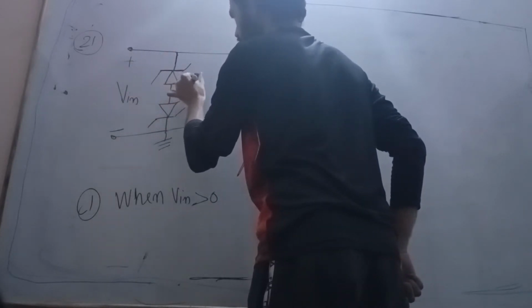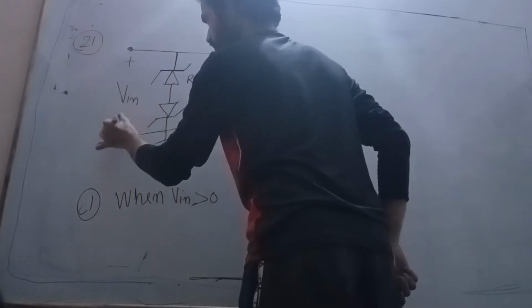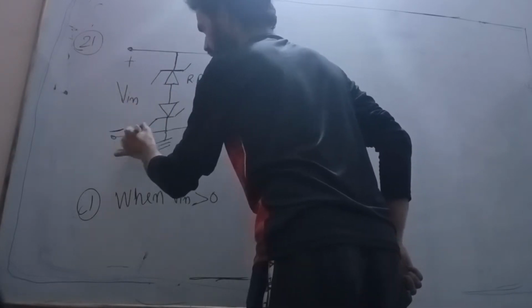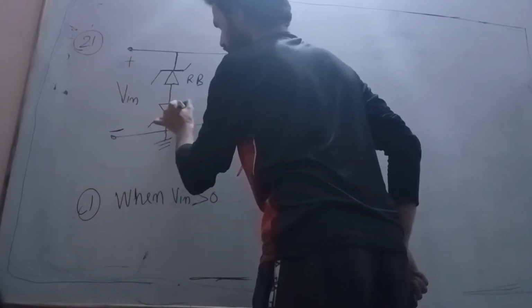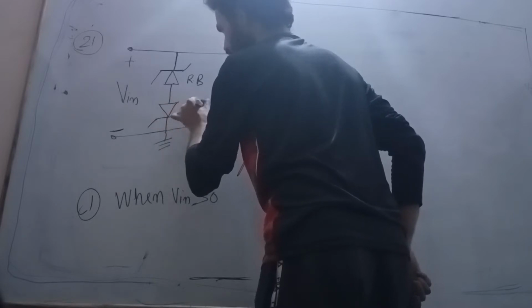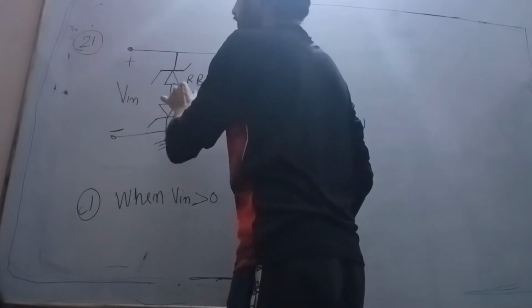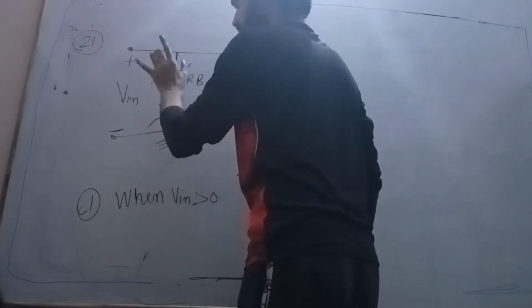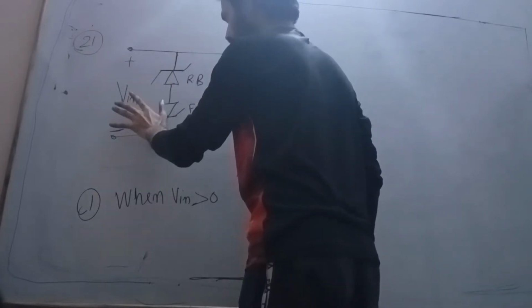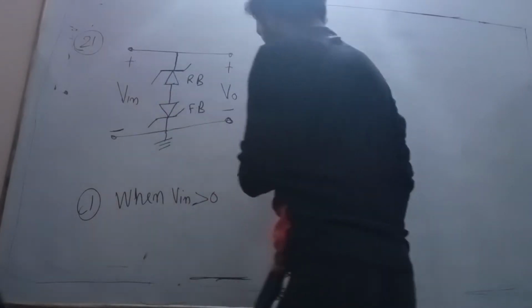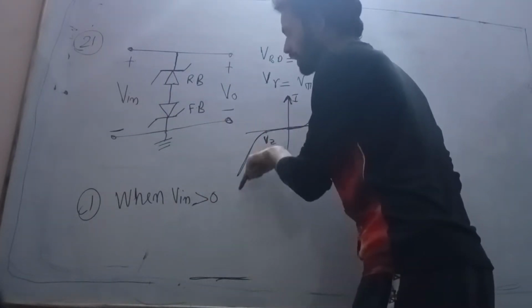If you see here negative, same sign means it is in forward bias. So we will see that this diode is in reverse bias. We are confirmed.